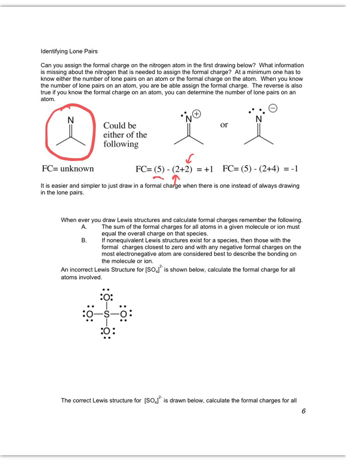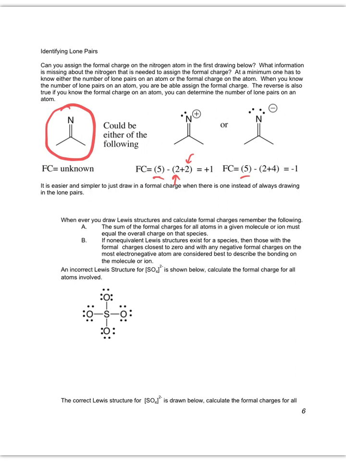The second one, we have 5 assigned to it from the periodic table, and we subtract from that 2 electrons assigned to it in these 2 bonds, plus 4 electrons from the lone pairs on it, because all of those electrons are only on that nitrogen. So 5 minus 6 gives us a -1. So we have to be careful how we draw things so we get all of the information we need in the problem to make sure we can answer it right.